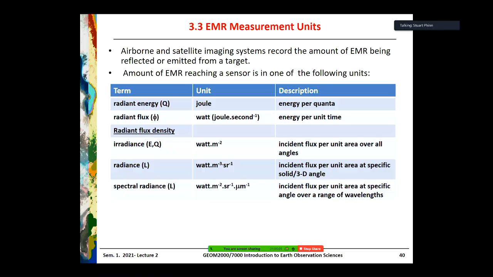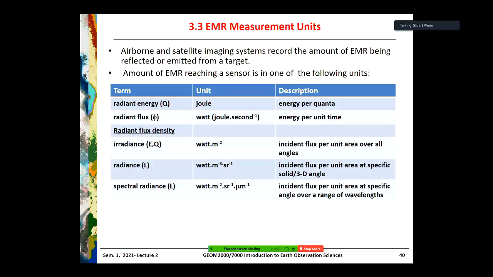If we go up from just counting individual photons, the first measurement term is radiant energy, in joules. So it's really how many photons you are counting. If you do that per unit time, like per second, how many joules per second, it's energy per unit time.